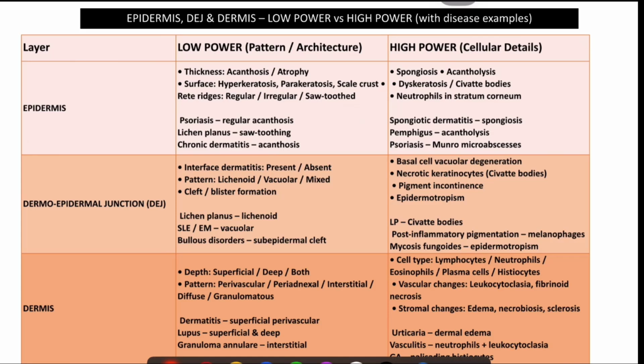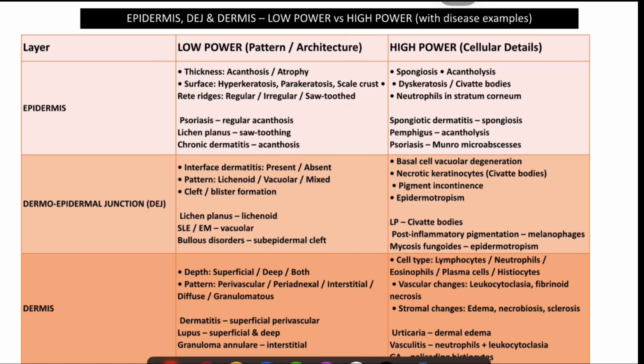So this is about Weedon's and Ackerman's way of reaction patterns and patterns of inflammation. So now you go through your checklist, you make your checklist ready with the help of low power pattern approach and high power cellular details.